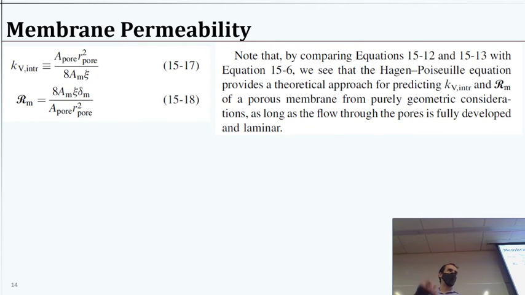We can describe the membranes and their key factors in terms of this permeance, the resistance, the permeability, all based on the geometry of what's happening inside them. So hopefully my goal today was to show that and condense it enough.